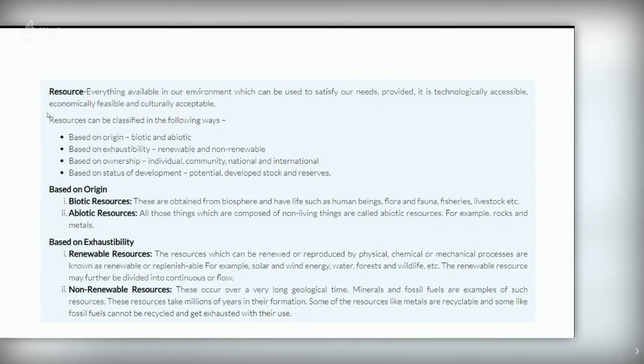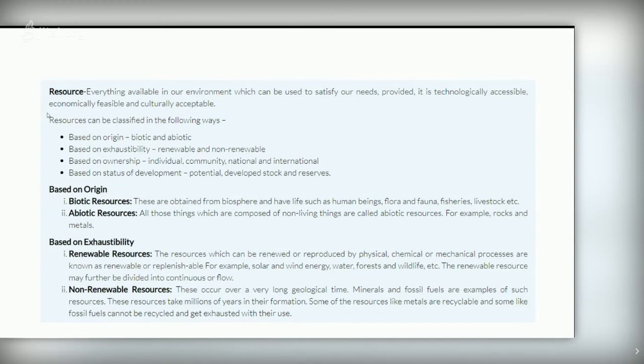What does it mean? Technologically accessible. That means it should be accessible through technology. Accessible means it should be able to reach.